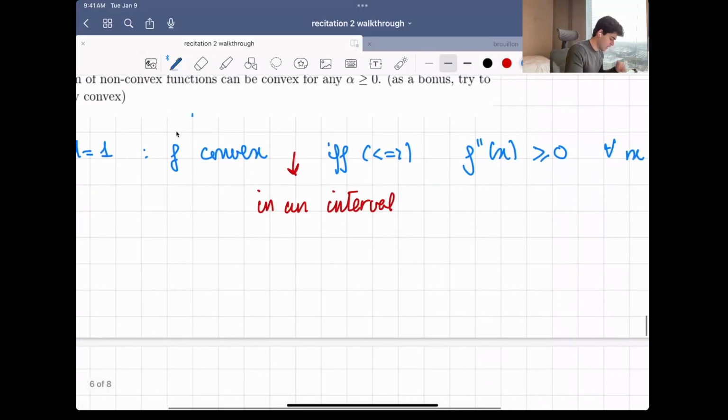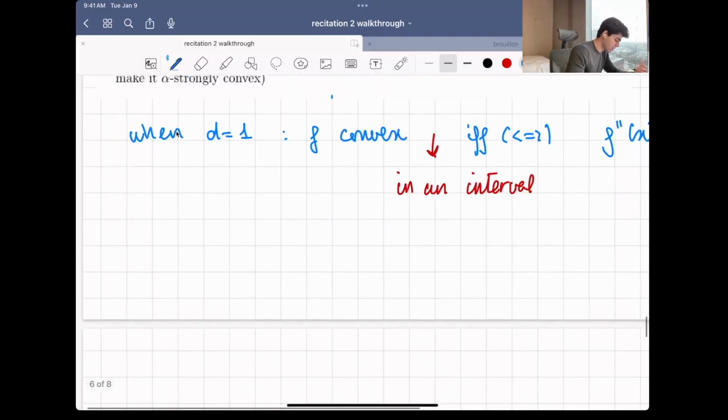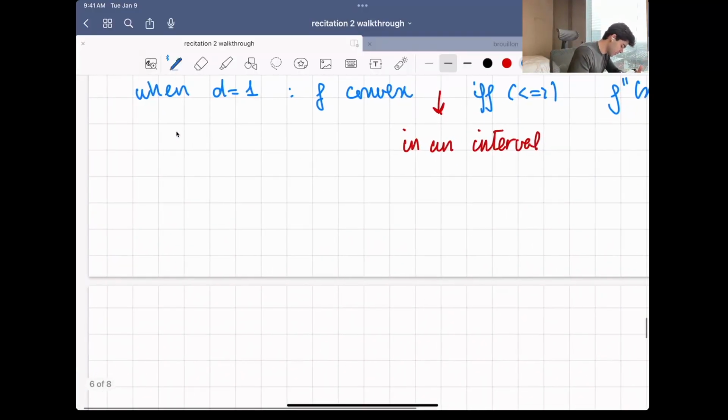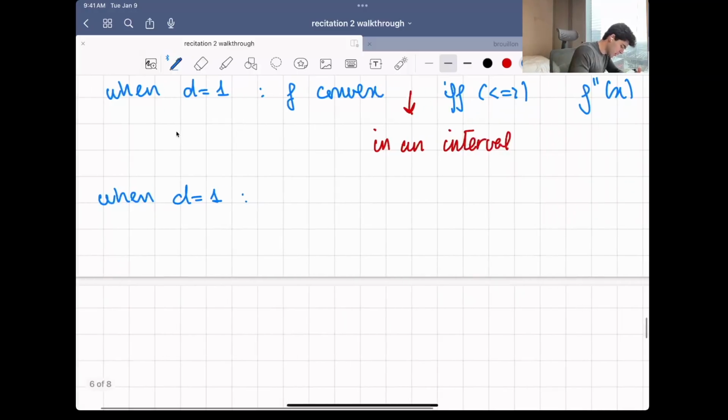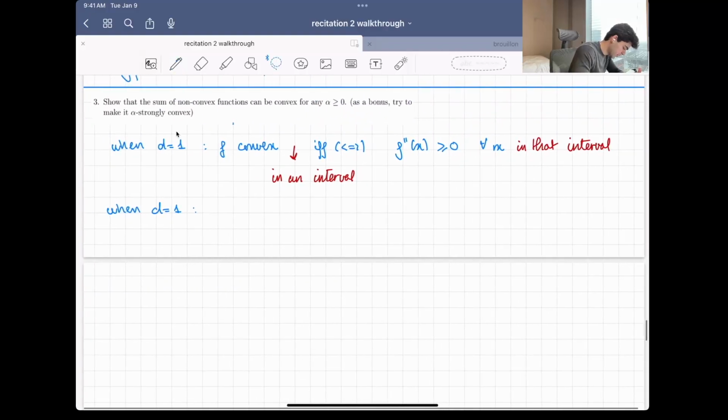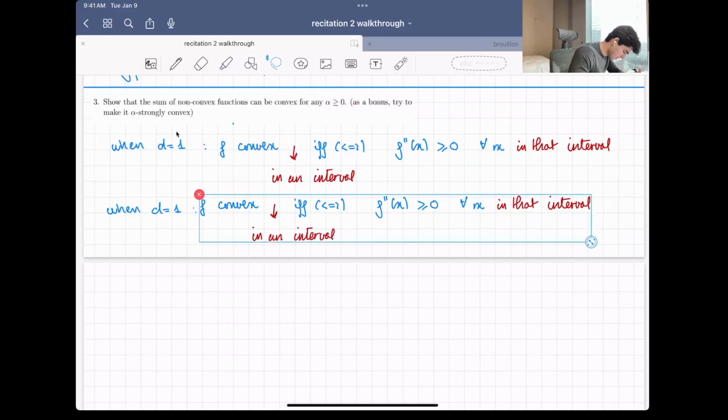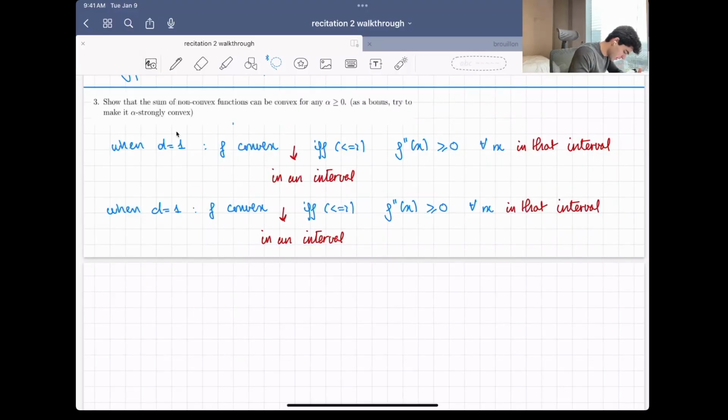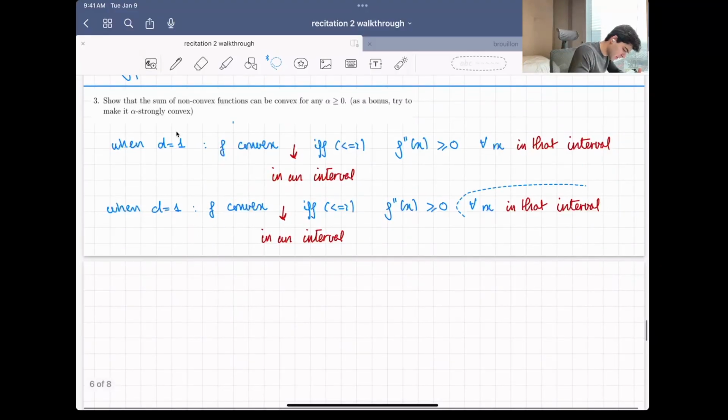Okay, and let's define alpha strongly convexity in D equals 1 as well. Since we're lazy, we can do this. What's going to change in this definition is this 0 is going to be alpha.